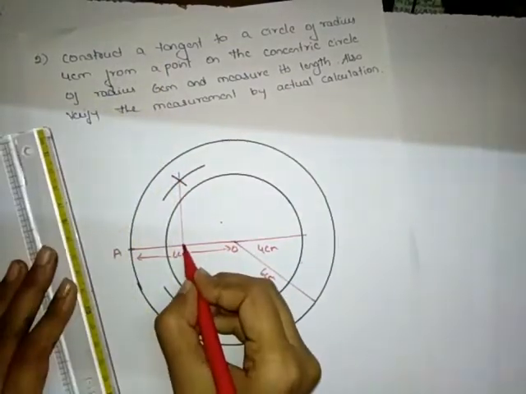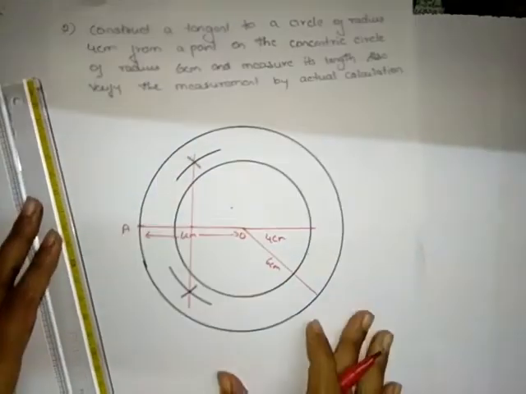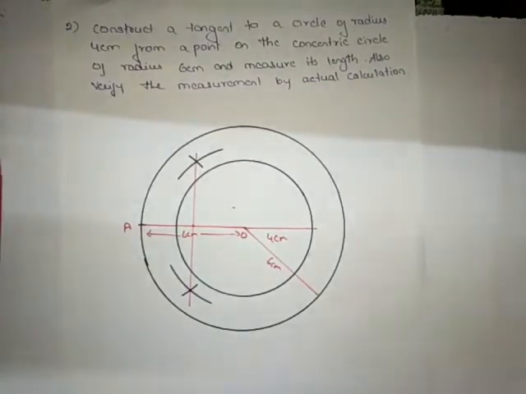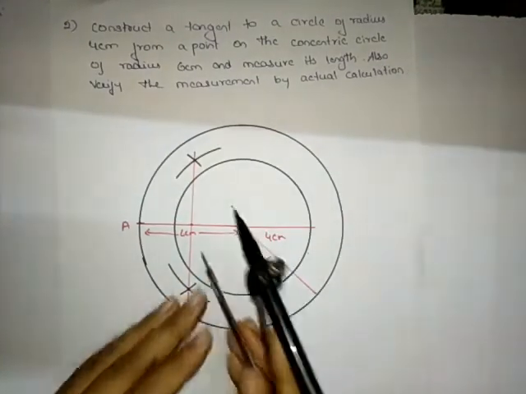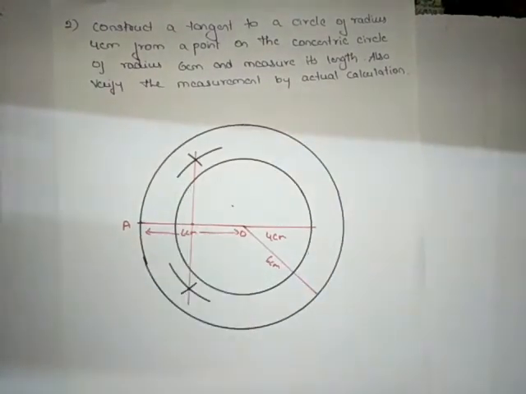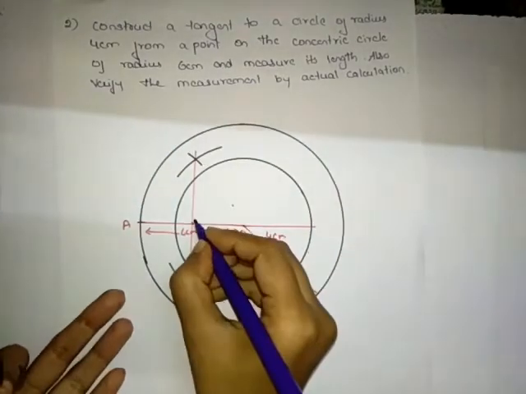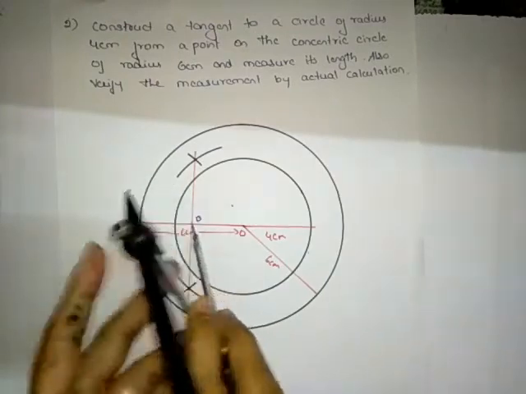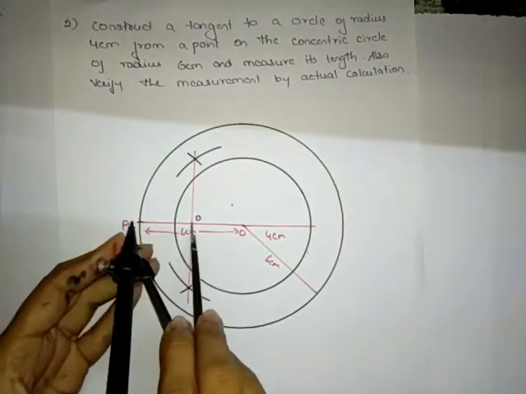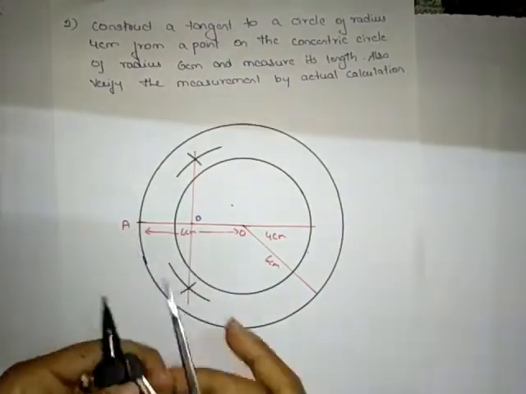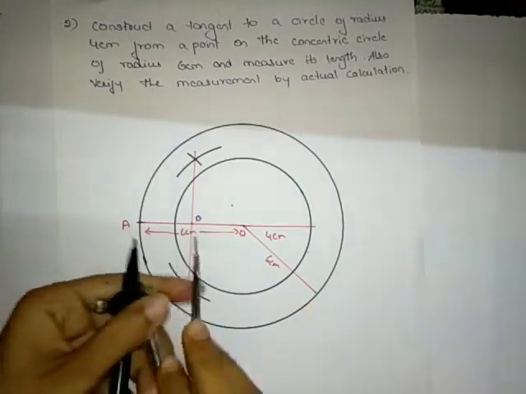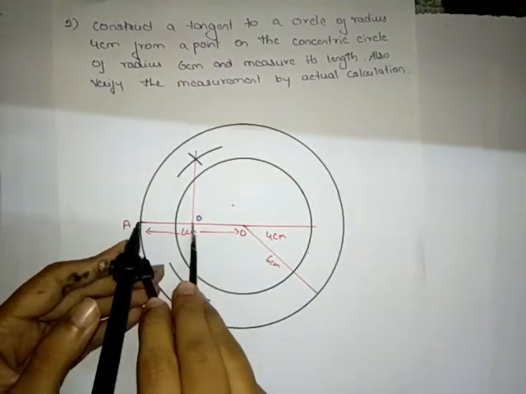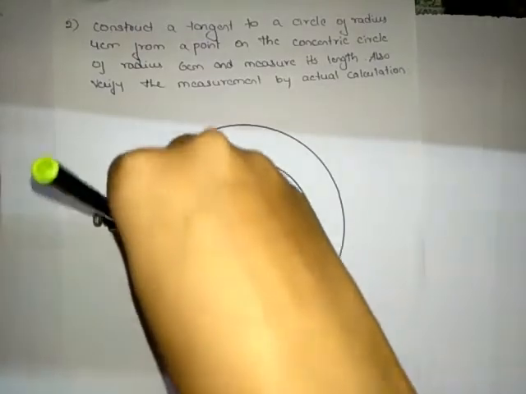Here I got the line segment OA. Okay, now we'll draw a circle keeping the compass at this point. We'll name it point B. We'll draw the circle.